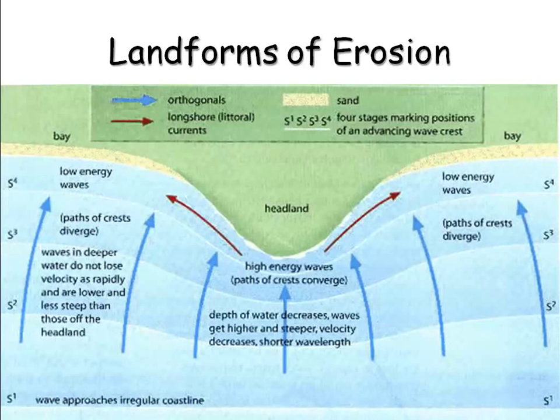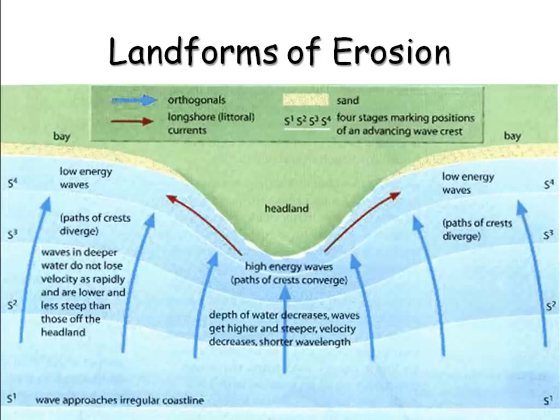So, once headlands are exposed to these higher energy waves, where the paths of the crests, the orthogonals, converge, they tend to follow a very characteristic sequence of erosion through different types of landforms.